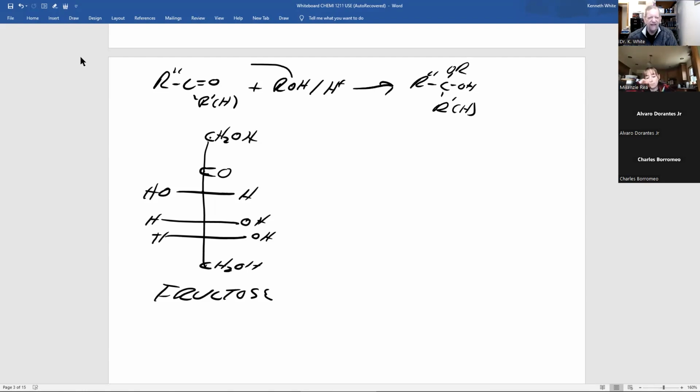Now here again, oxygen of the alcohol attacks the carbonyl carbon, opens it up to the hydroxyl group and OR. Now in the fructose, R prime is carbons. And the hydroxyl group alcohol is still C5. This is 1, 2, 3, 4, 5. C5.